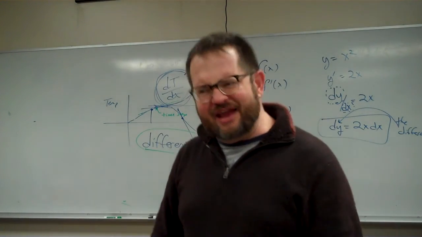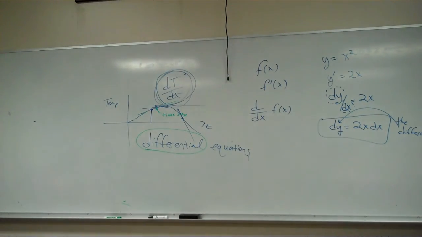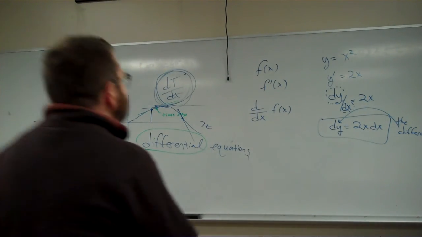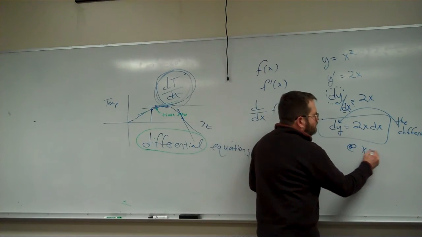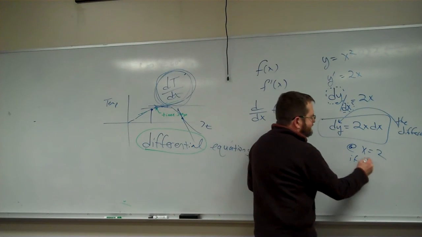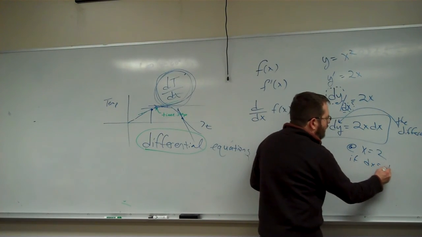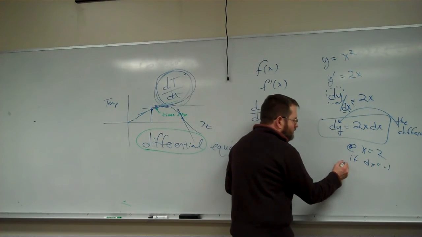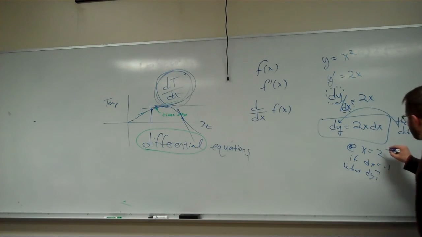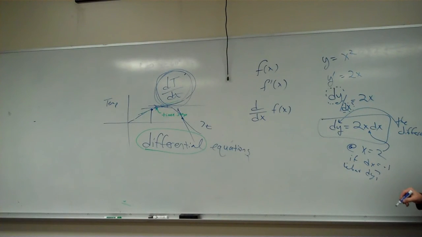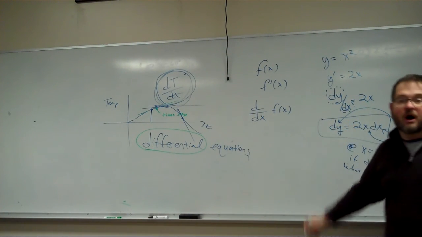This is not a notation that I've seen anyplace else. Or they might say, at x equals 2, if dx equals 0.1, what is dy? Well, I guess I can plug in x equals 2 and dx equals 0.1, and you'll get a value of dy.